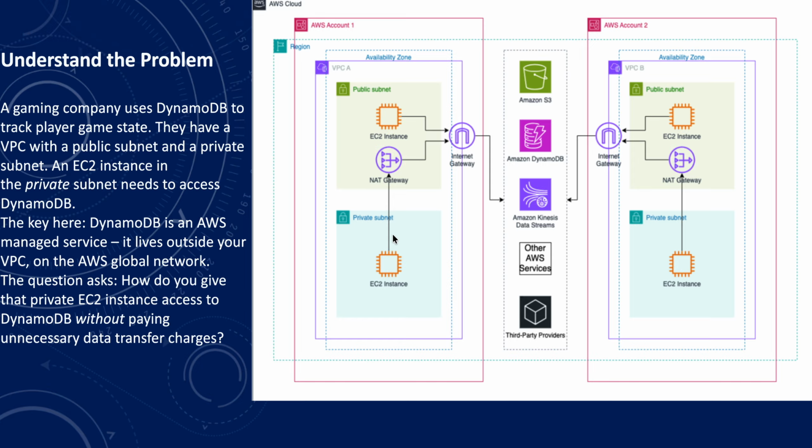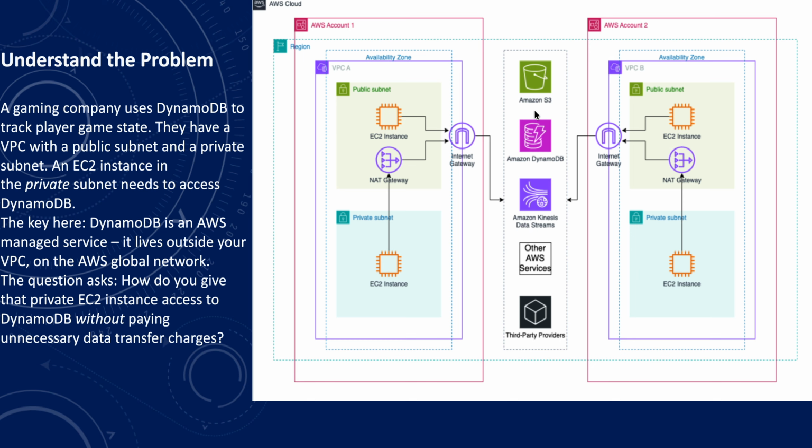In both of them we have an EC2 instance, and outside this VPC we have these services which are on a global network, which includes Amazon S3, Amazon DynamoDB, Amazon Kinesis Data Streams and other AWS services.